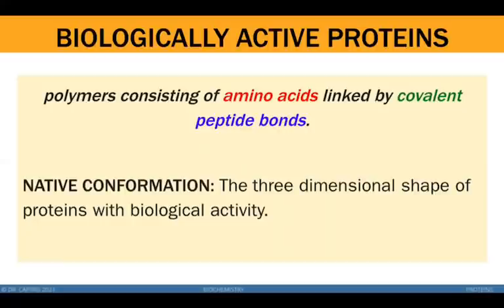So the term native conformation refers to the three-dimensional shape of proteins having a biological activity. Whatever biological activity that is, as long as it's a functional protein, it refers to a native conformation.